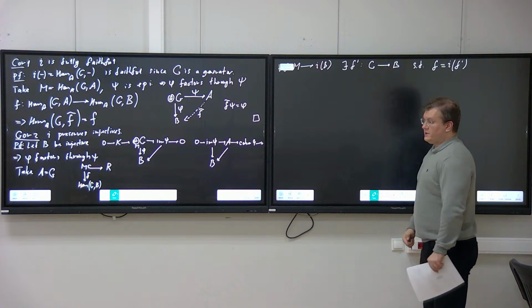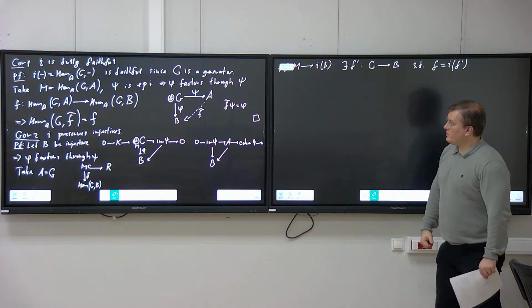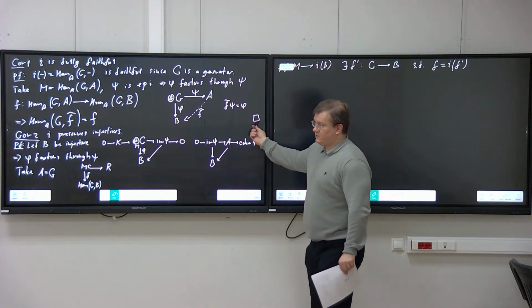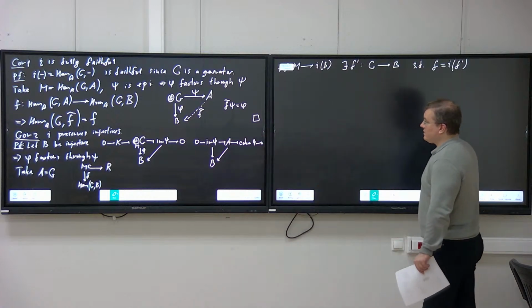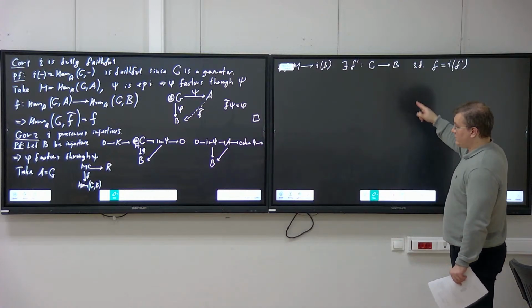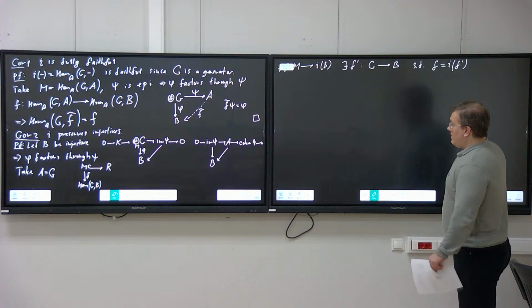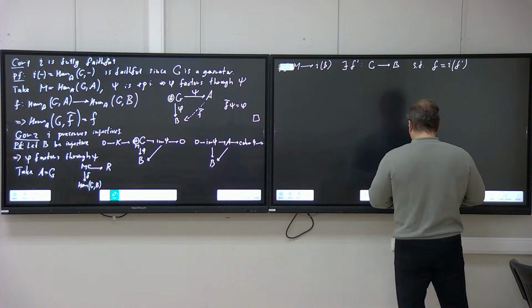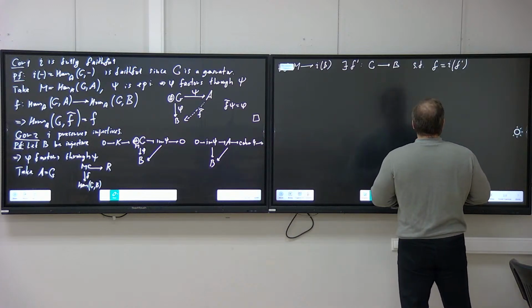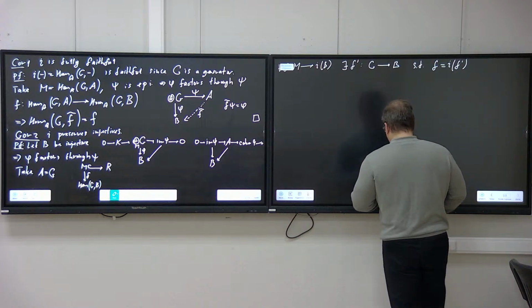Here I'm using exactly the same argument as at the end of the proof of the previous lemma. That's the same thing, but notice that in this case G is equal to A.